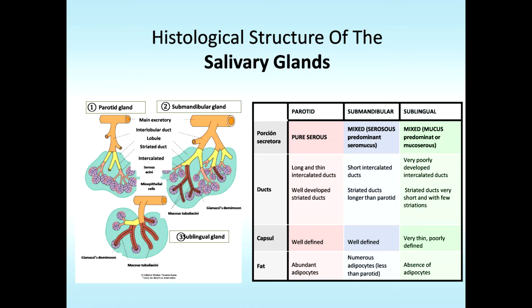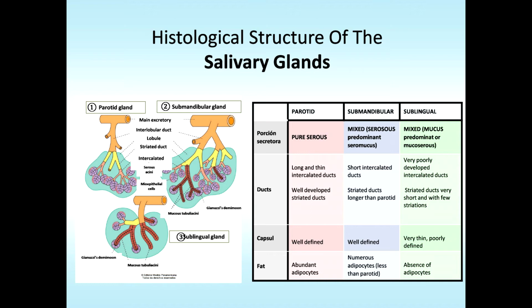Now that we know the anatomy of the major salivary glands, let's have a look at the inner structure of those glands. Generally speaking, the saliva is produced by a structure which is called the acinus. Several acini together make either the minor or the major salivary glands.